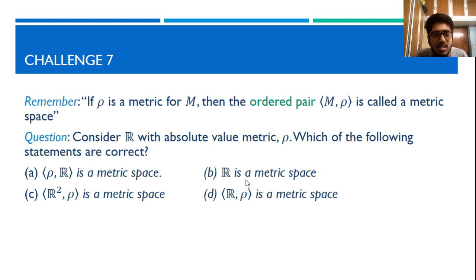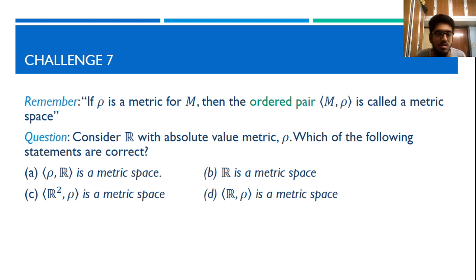This notation is followed in the textbooks, but before it is followed, they'll specifically say that given how hard it is to write this each time, we will be following this notation, that R is a metric space. Whenever we say R is a metric space, we mean R is equipped with the absolute value metric.